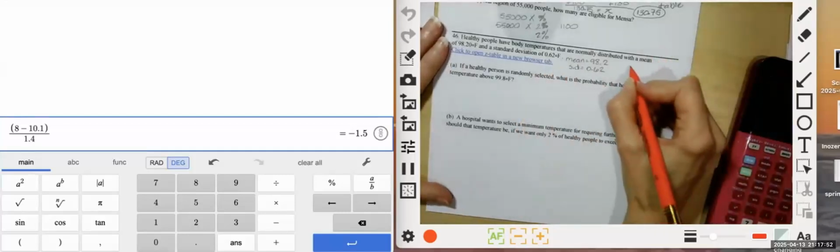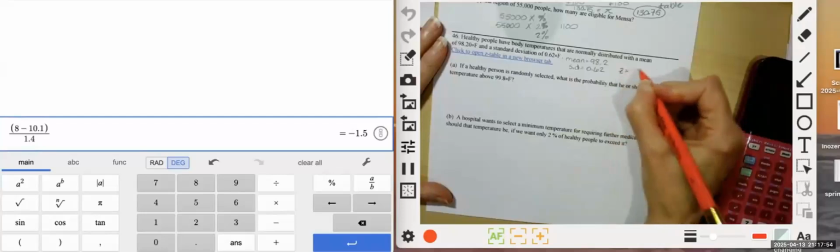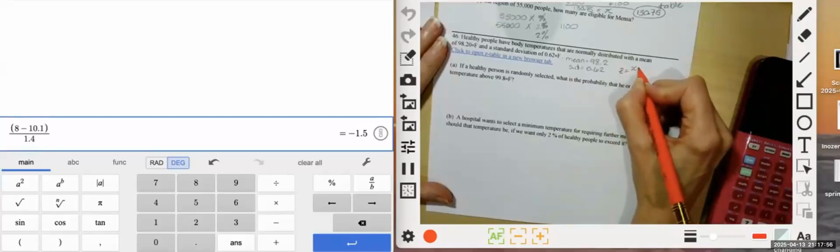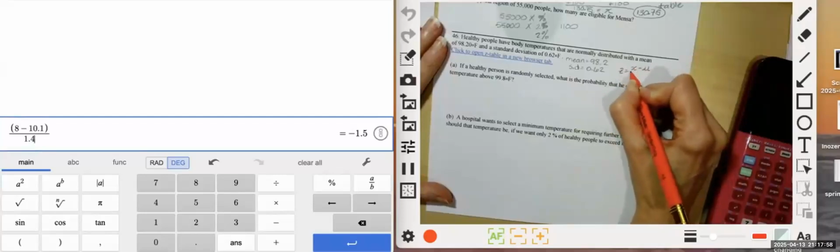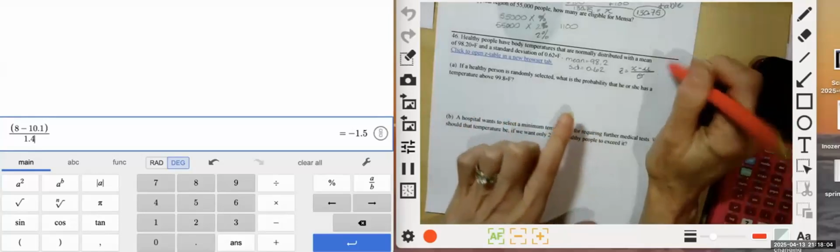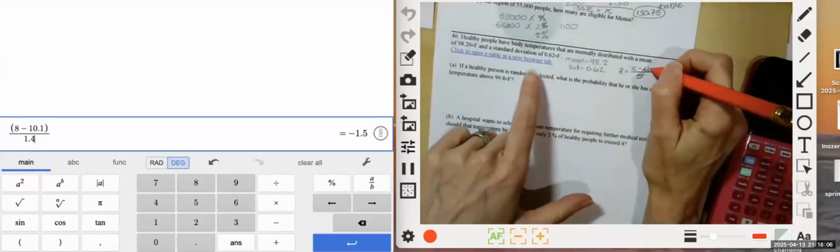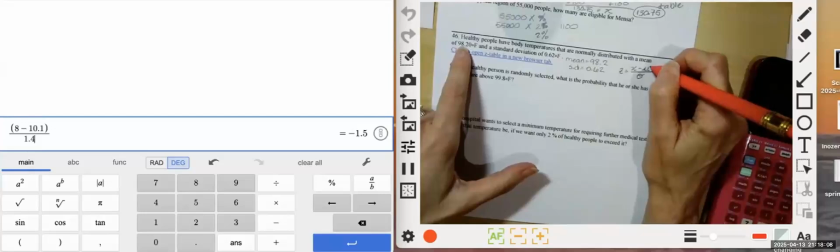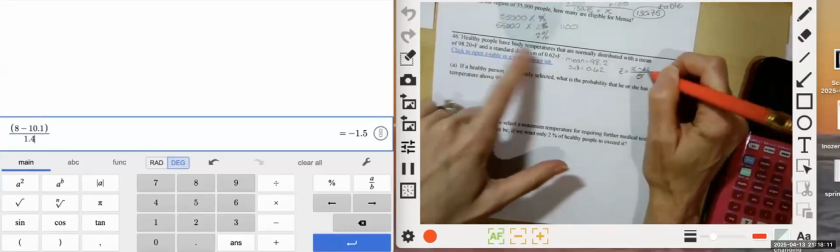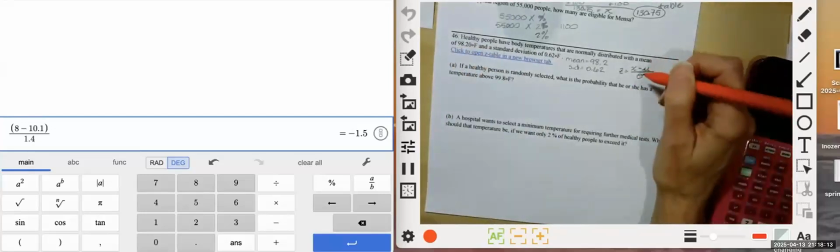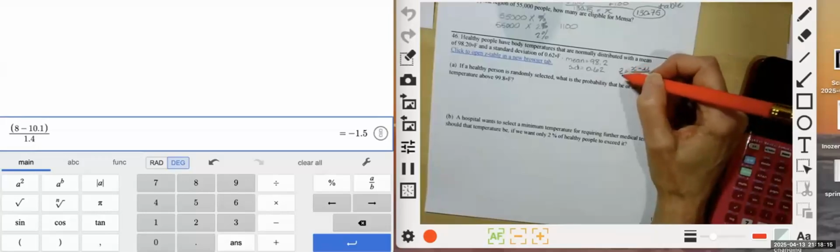If we use the formula, Z equals our data item minus the mean, divided by the standard deviation. What do we have for this problem? I know that we have the mean and the standard deviation. What's the other number? Is it an X or a Z?